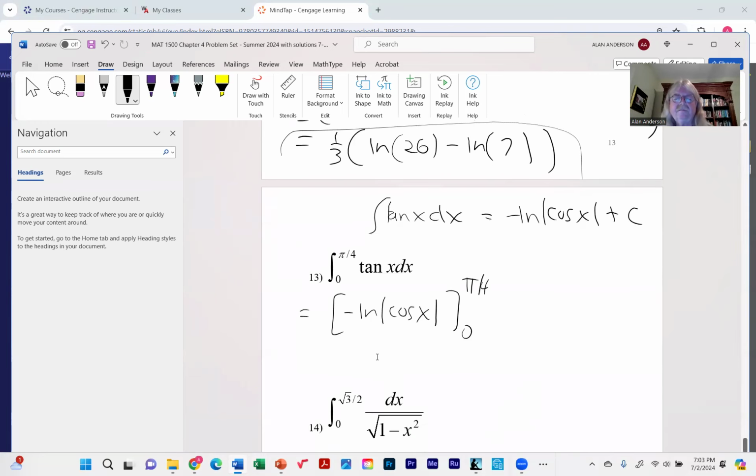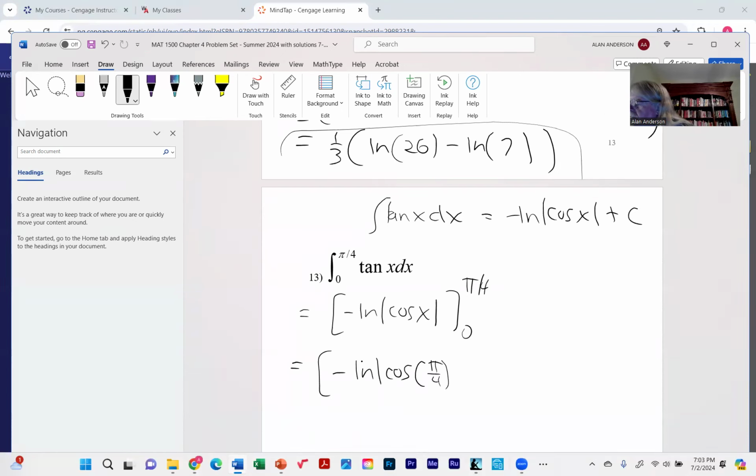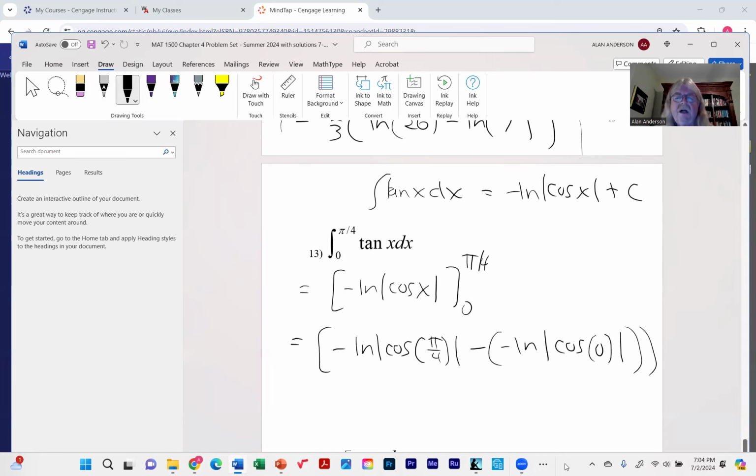So we'll have minus negative log cosine 0. Okay. So the cosine of pi over 4, we can go to our calculators.